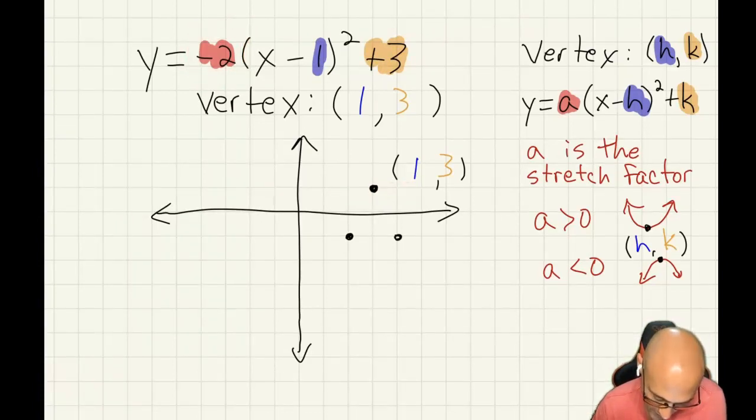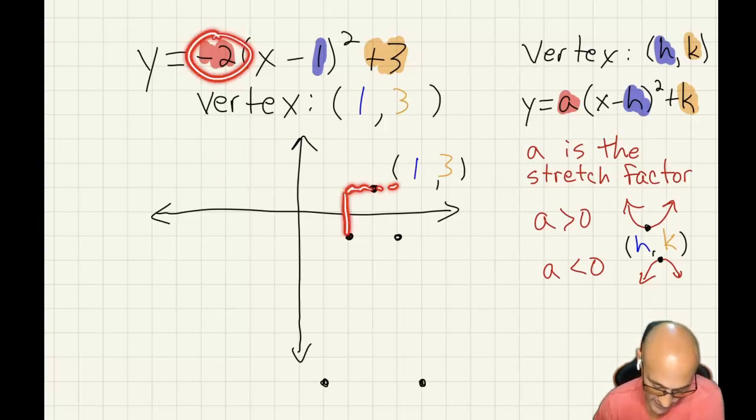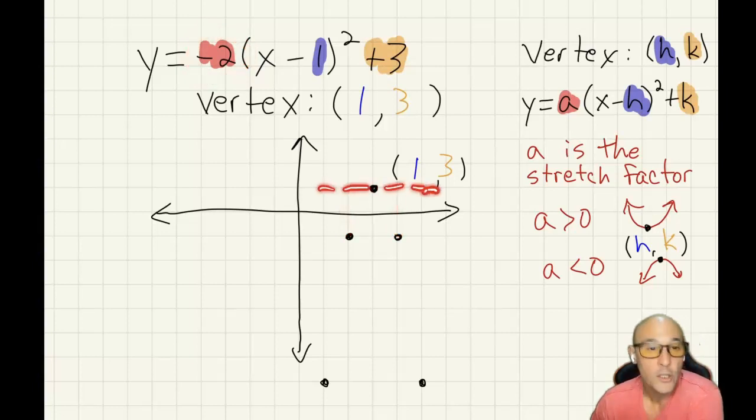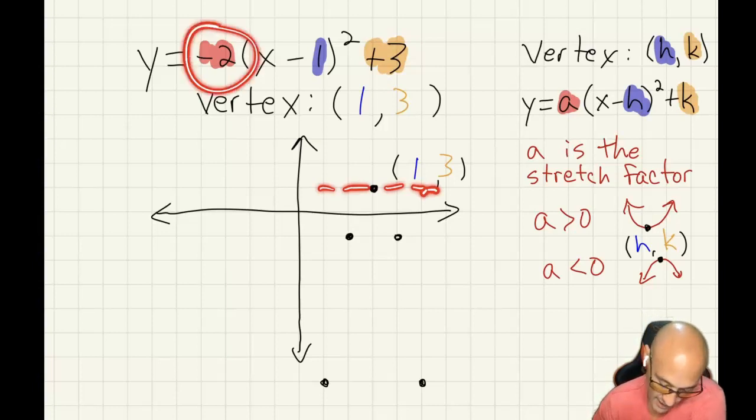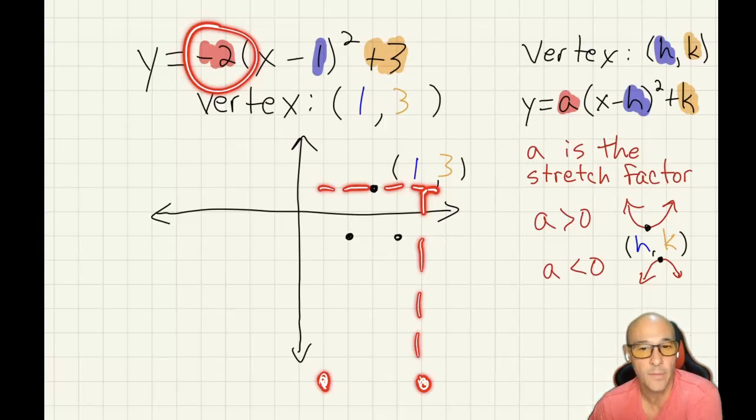So when we go right and the left 2, we go down 8. There. And there. So do you see what I'm saying? Right and the left 1, 1 squared is 1 times negative 2 is down 2. Right and the left 2, 2 squared is 4 times a is down 8, because 4 times negative 2 is negative 8.